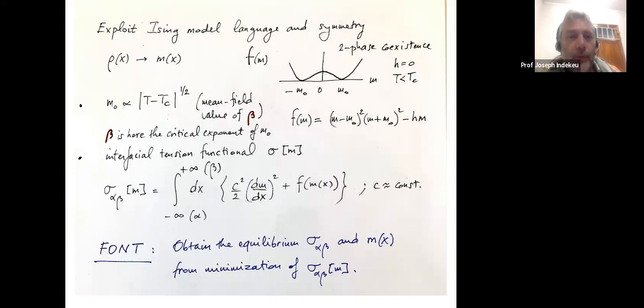So we start from our free energy per unit volume, and we're going to choose a symmetric representation. That is actually the one that is used in the Ising model calculations.